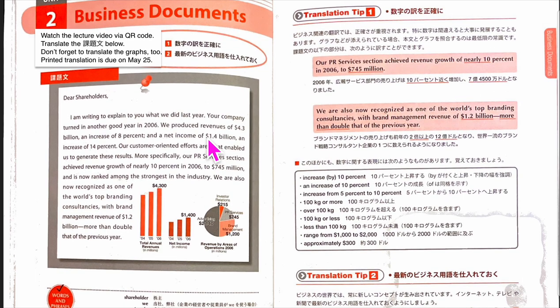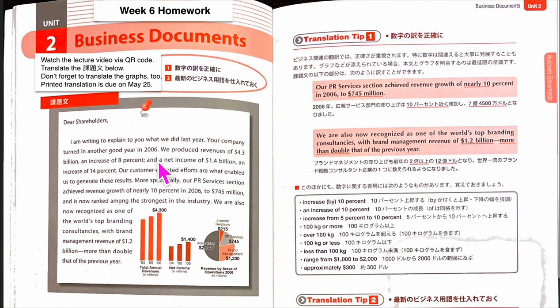And please make sure that you also think about the text type. What is the text type that we're looking at here for a business document? This is quite a different type of text than we had last week. Last week we were still working on sign translation, but this time it's a slightly different type of text.